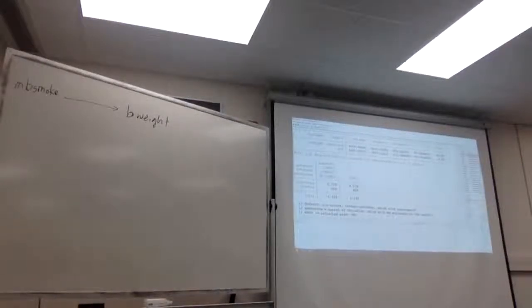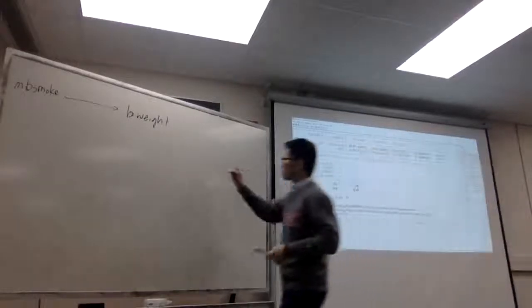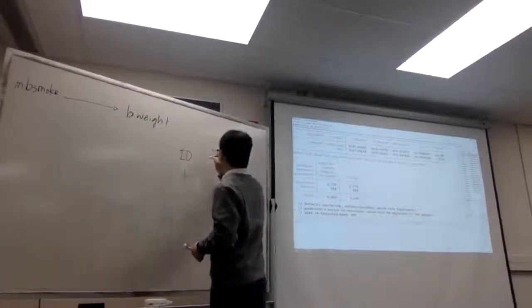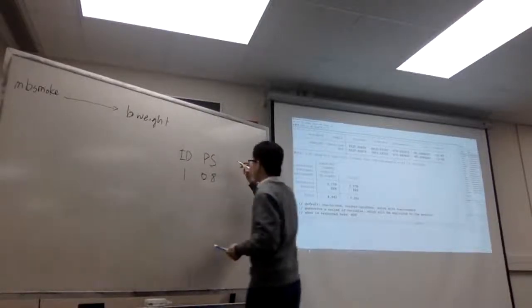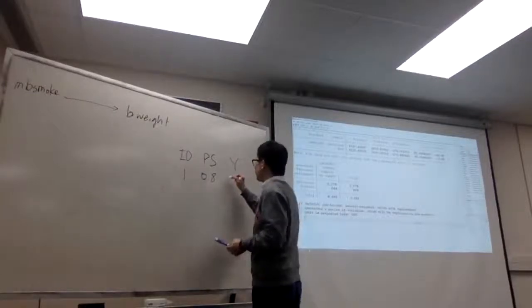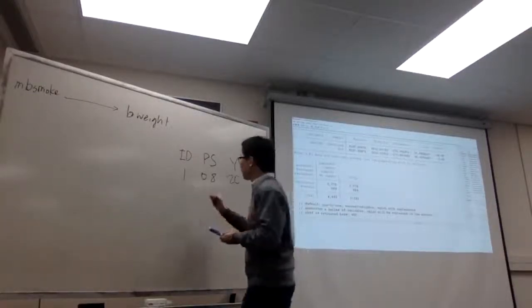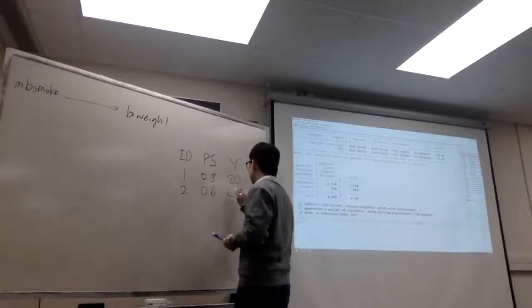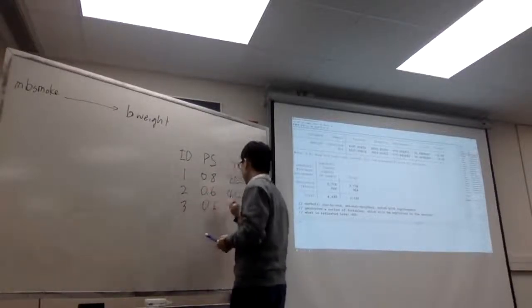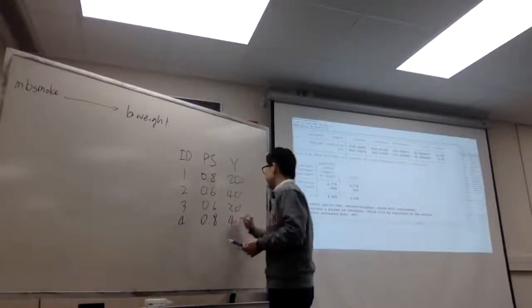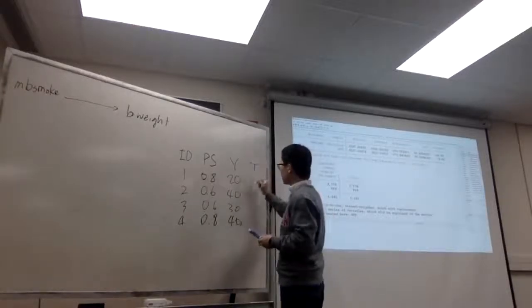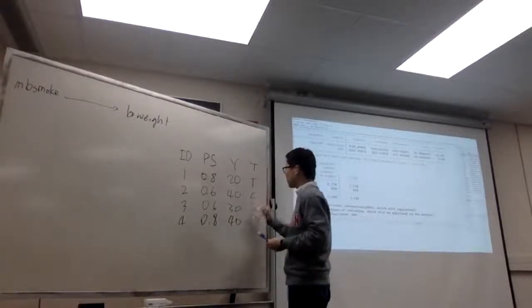If you have one treated observation of, say, ID one, PS score is 0.8, and the outcome variable, let's say 20. Okay, and then PS score is 40, 30, 40, and then treatment is treated, controlled, treated.